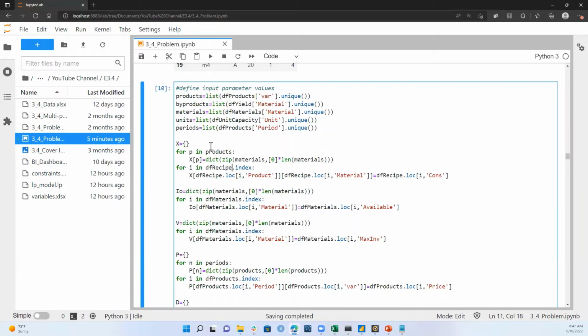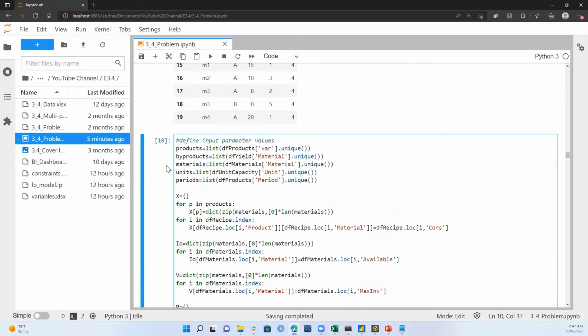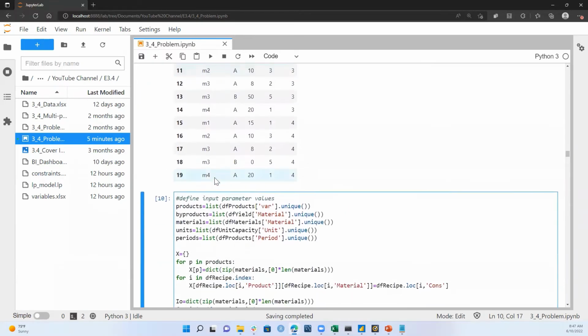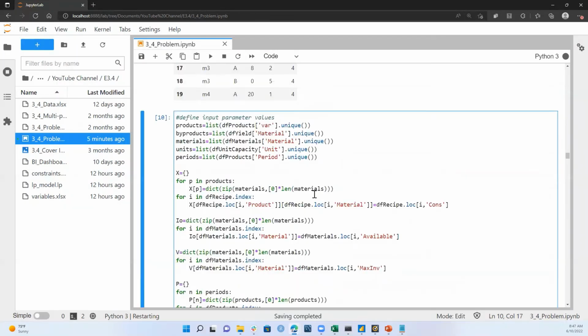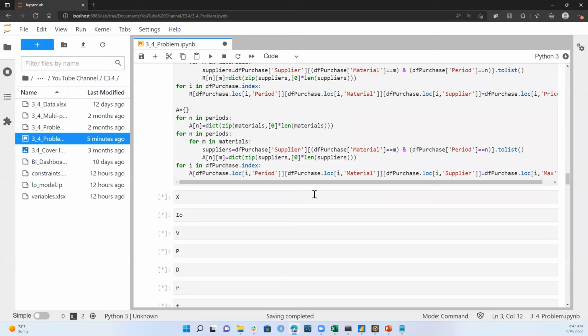So the first one is the x sub ij parameter, right? So this one is time invariant, so there's no nesting with the time periods, but we do create a dictionary for each product, the coefficient of consumption for each material. And so when we do this, I'm going to rerun this whole thing just to make sure everything comes out appropriately.